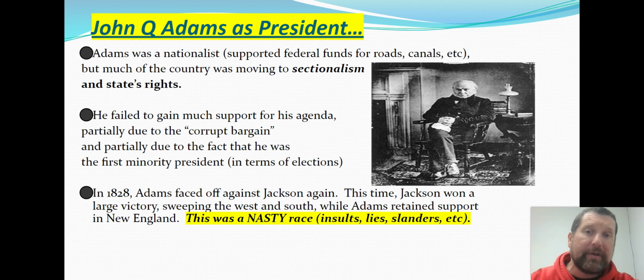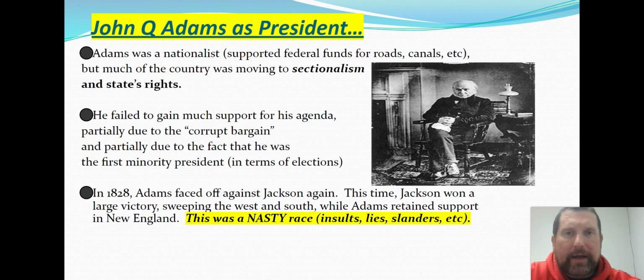But a lot of the country seems to be moving towards this notion of sectionalism, of states' rights, of the ideals and principles we had come to know belonging to Thomas Jefferson and the Democratic Republican Party, or prior to that, the Anti-Federalists. JQA fails to gain a lot of popular support for his agenda.